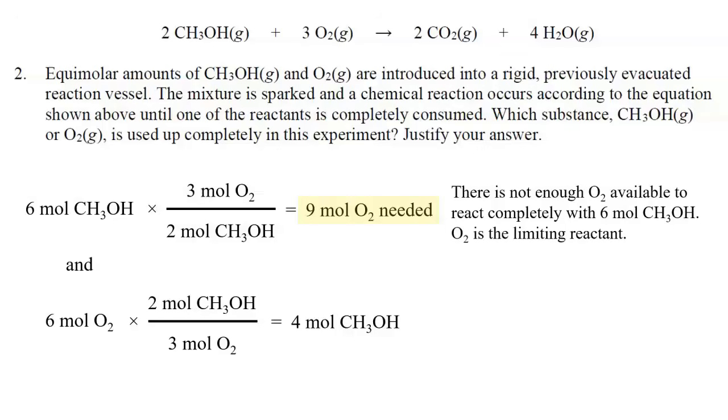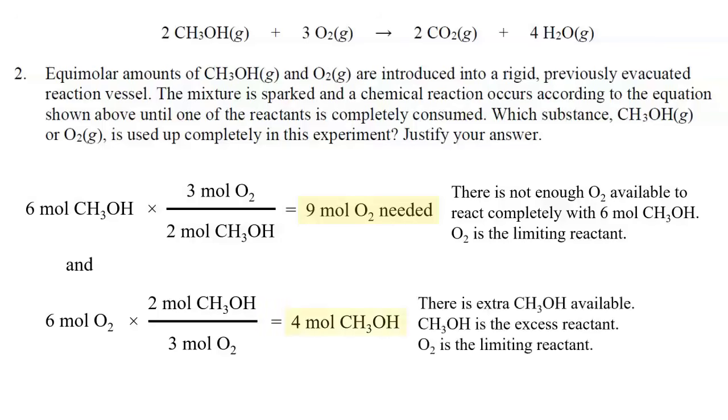I need 9 moles, but I only have 6. That makes O2 the limiting reactant. Since I only need 4 moles of methanol, but I have 6 moles of methanol available, there's going to be some excess or leftover methanol. That makes methanol the excess reactant, and O2 is the limiting reactant.